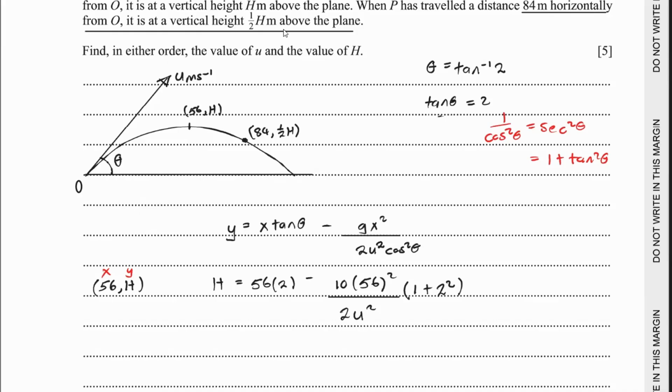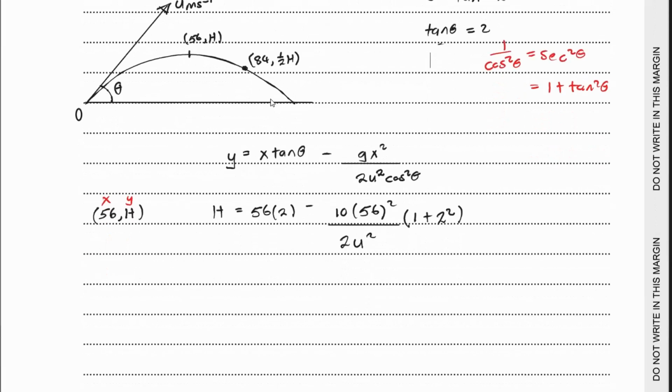All right, so I'm going to do the calculations here just to simplify this. We will therefore have h equals 56 times 2, which is 112, minus, and then I'm just going to simplify this whole thing.